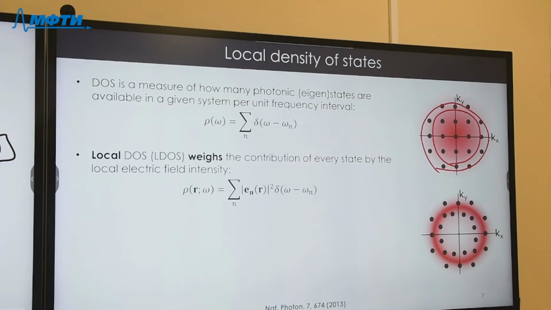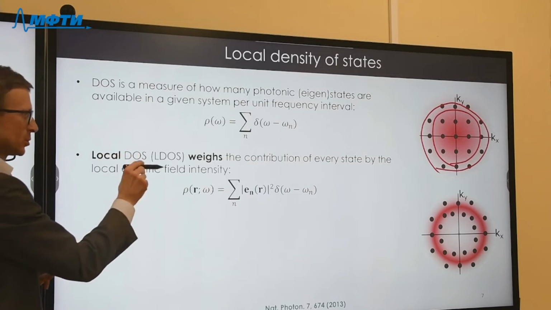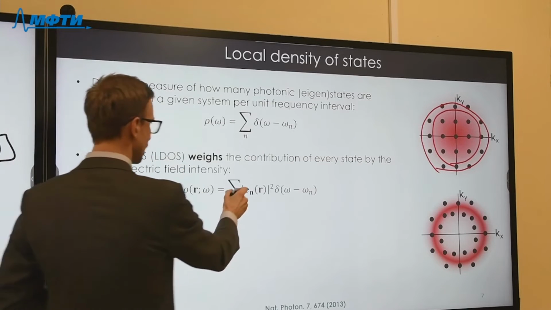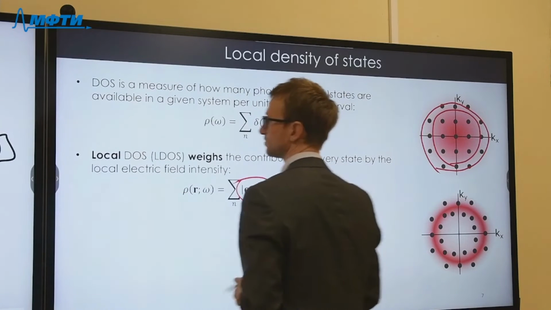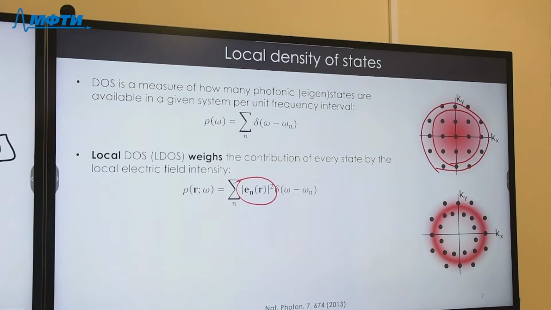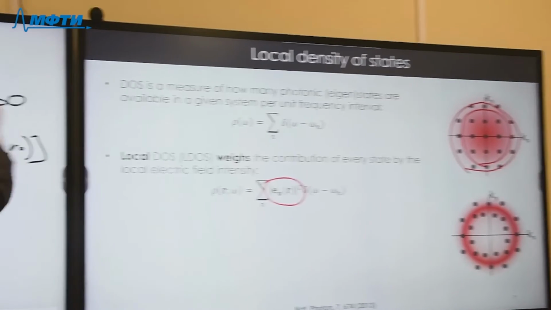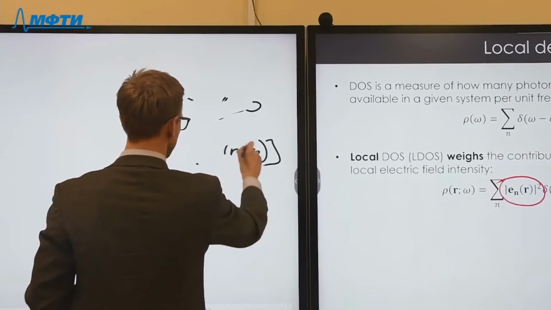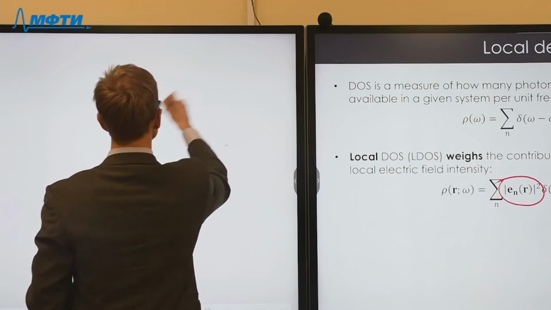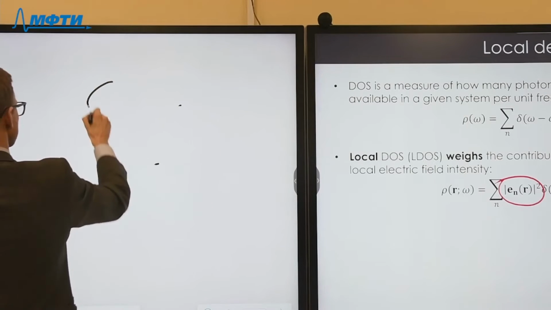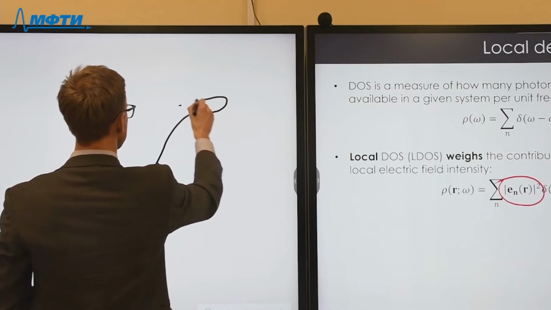Now, what is local density of states? Imagine that you want to weigh the contribution of every mode, of every state, by the local electric field intensity. So let's say we have a certain structure, a certain resonator, something like this.